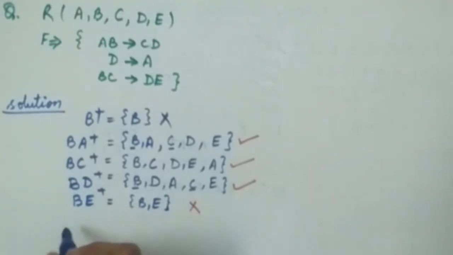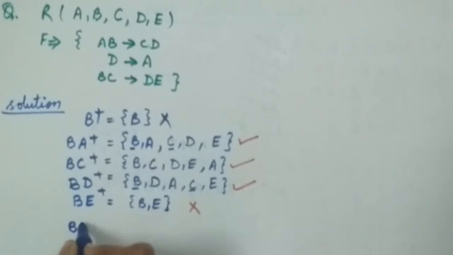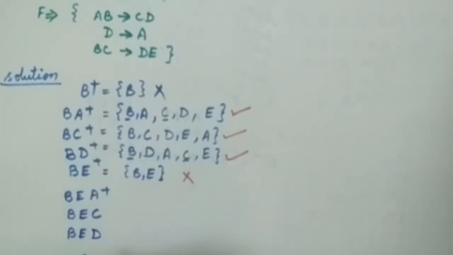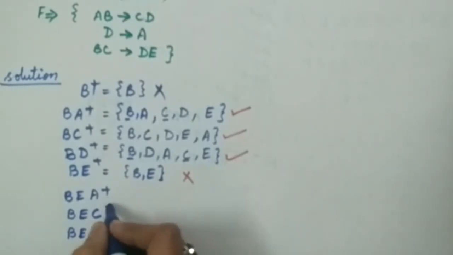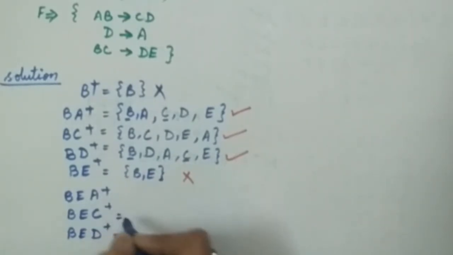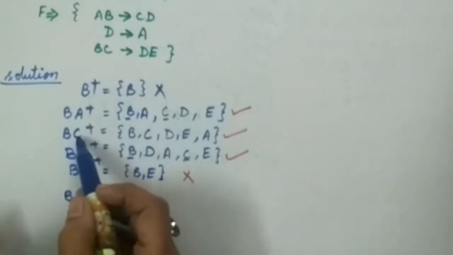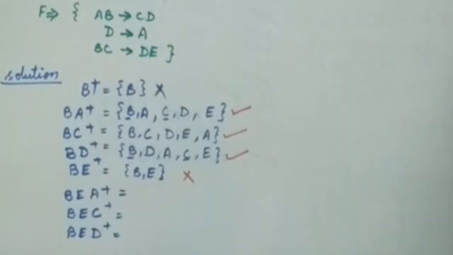So now I will try with the pair of BE: BEA, BEC, BED. So these are the 3 pairs. So I will try with this. And in this, no need to proceed because BC is already a candidate key.